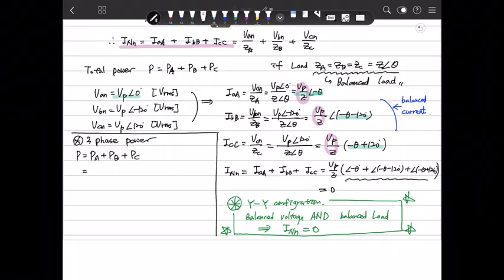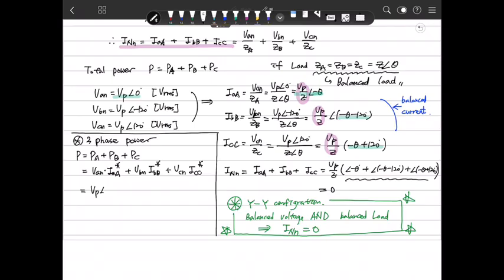PA is VAN IA conjugate, and VBN IB conjugate, VCN IC conjugate.